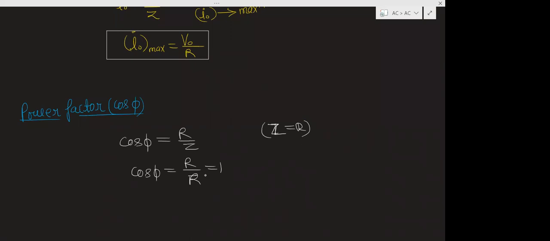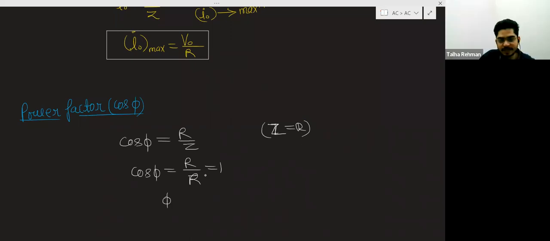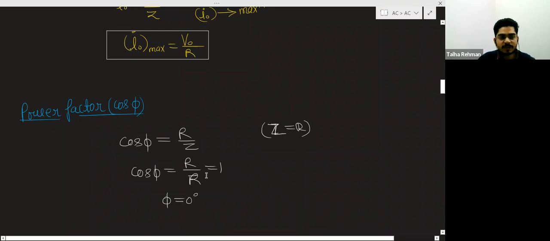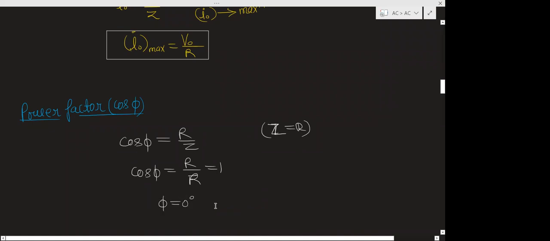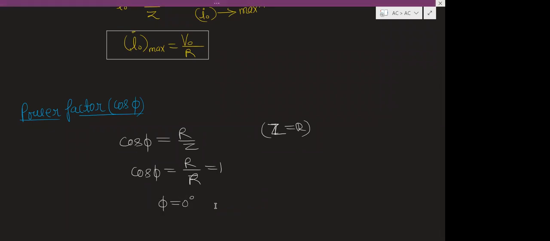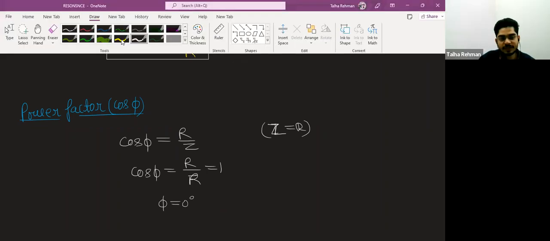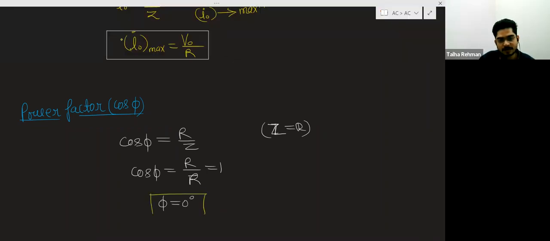Cos phi is 1 at phi is equal to 0 degree. So the phase difference between the current and the voltage is 0 degree. Basically this phi is the phase difference at resonance.